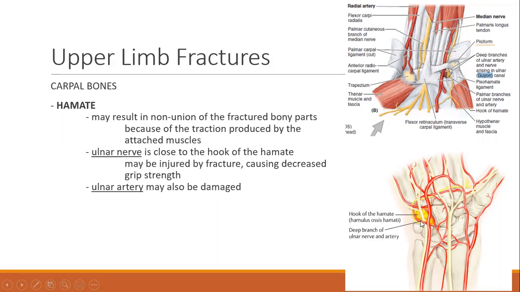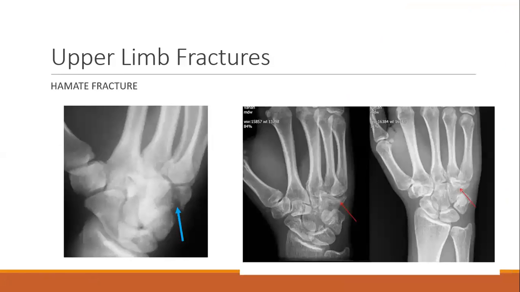So just keep in mind, if you have a question where the person has a fractured hook of hamate, it could be damage to the ulnar nerve or the ulnar artery. And recall that the ulnar nerve innervates the intrinsic muscles of the hand, so you'll have weakness of the hand, possibly a partial claw hand. So here is an x-ray showing a fracture of the hook of hamate.